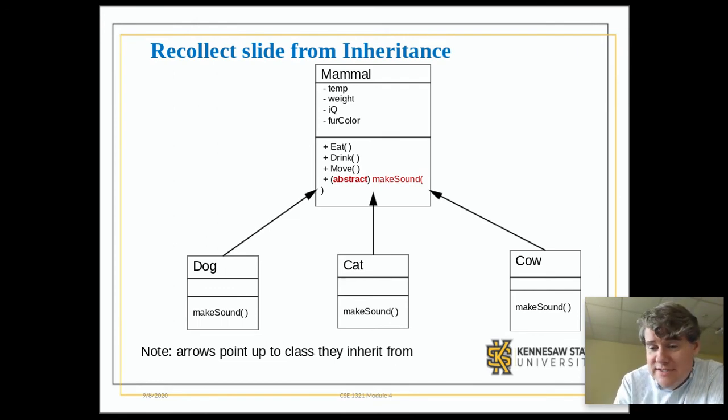So in the dog class in the bottom left here, you note that I never implemented a method called eat. But I inherited a method called eat from my parent, which was Mammal. So I can absolutely say d.eat, even though there's no definition in there. That's not really abstract, that's just inheritance. That's what we talked about 2 classes ago.